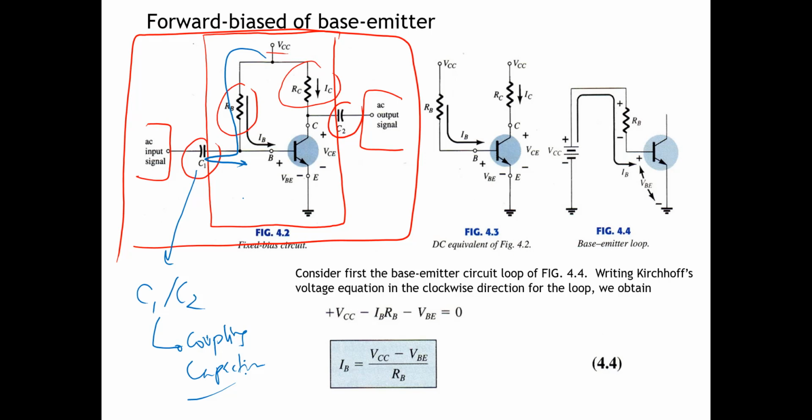We use the capacitor because, as we know, the capacitor has very high impedance for DC. If you notice, XC is 1 over omega C, in physics you learned about this one. If we use DC, the omega here is 2 pi f and f is 0 for DC. So XC, the capacitive impedance, is very high for DC.